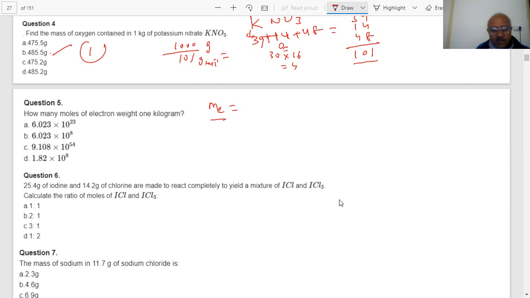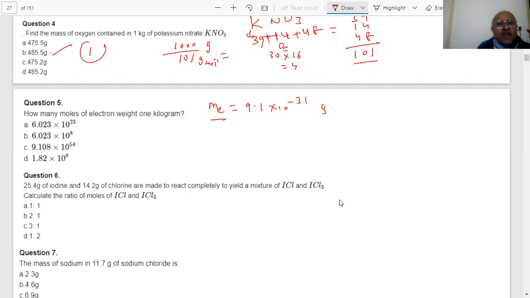First, we should know the mass of one electron, then we can calculate, because he has not given the mass. The mass of one electron will be 9.1 into 10 power minus 31, okay, 9.1 into 10 power minus 31 kilogram.